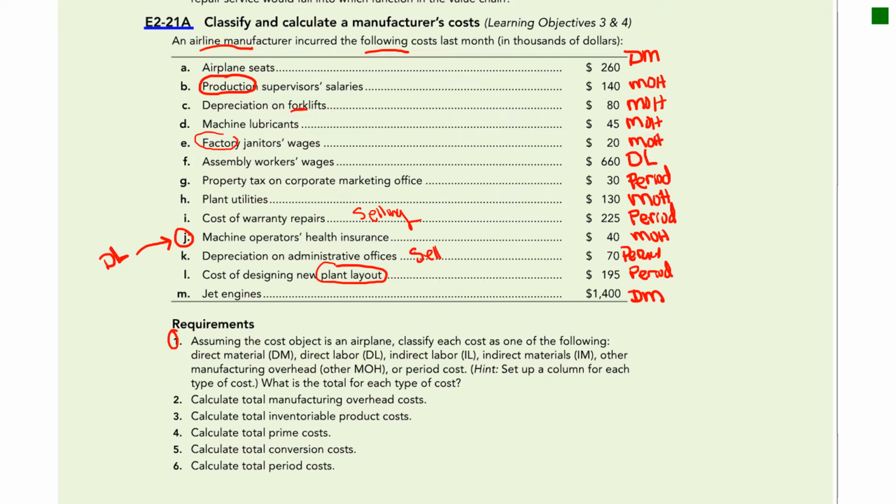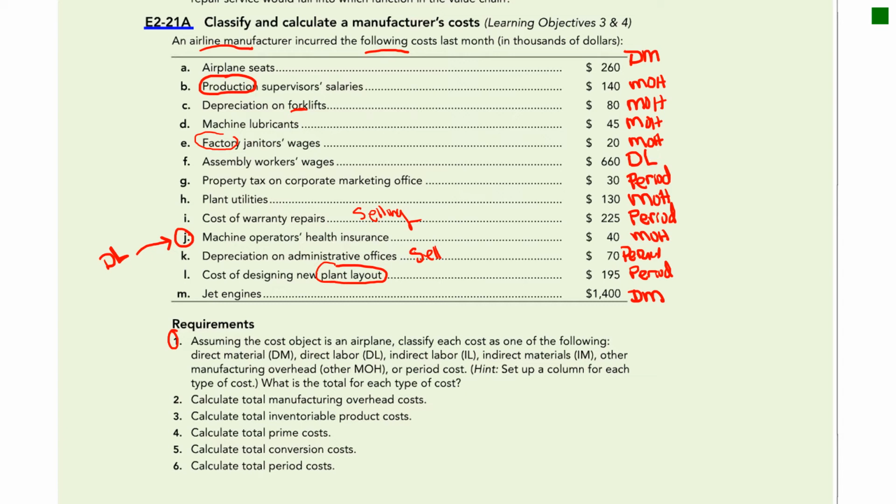So really, some of these, it's like a what if, just in case. I initially said overhead because you're thinking health insurance, but if the health insurance is attached to a direct labor type of activity, it's also considered direct labor. Now, I say this because it depends on where the machine operator is.